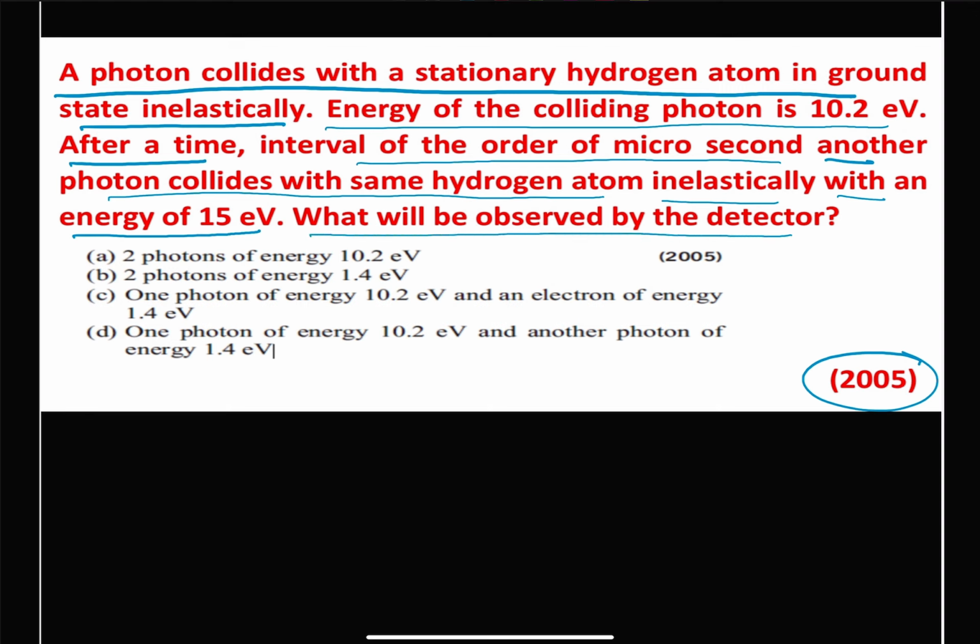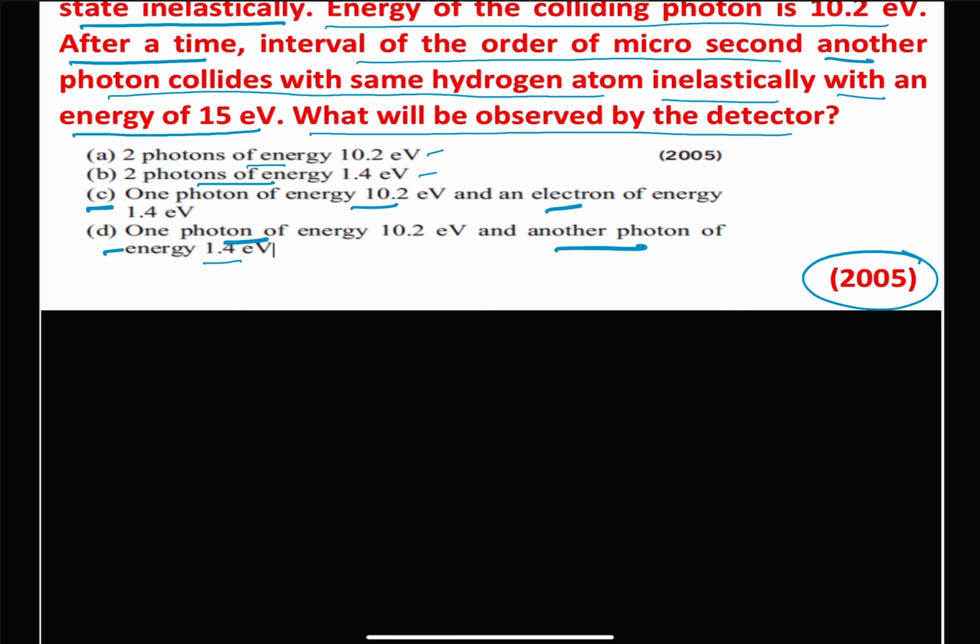So we are going to find out the energy associated with both the photons, or we can say individual energy. The options say that energy is either 10.2 or 1.4, or that energy associated with one photon is 10.2 and that of the other is 1.4, and this is with respect to electron as well as the photon combination, also made in parts C and D.